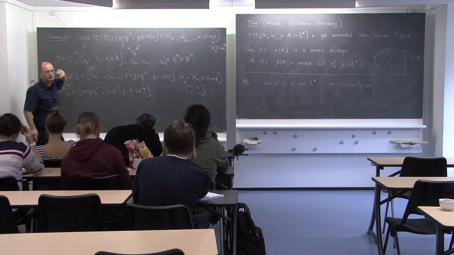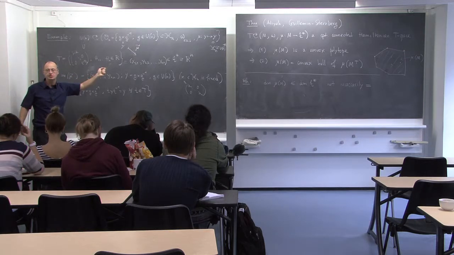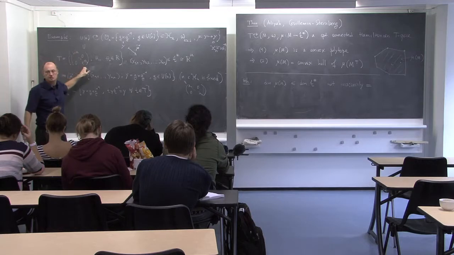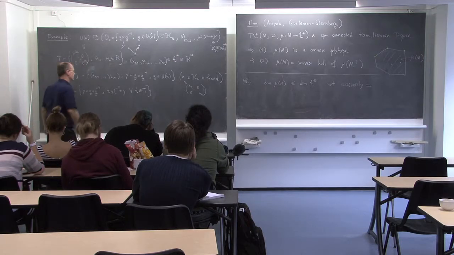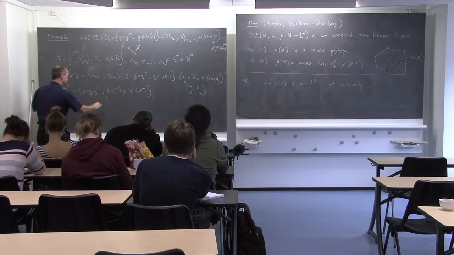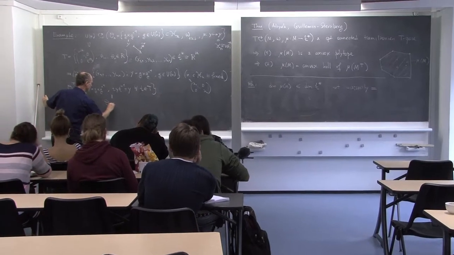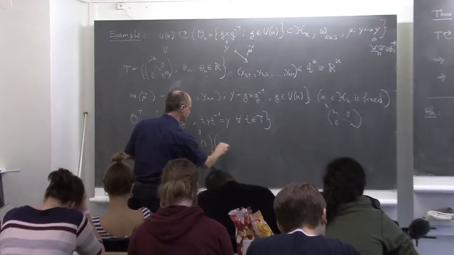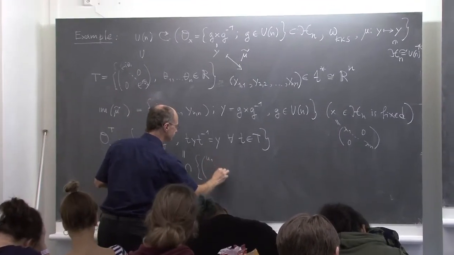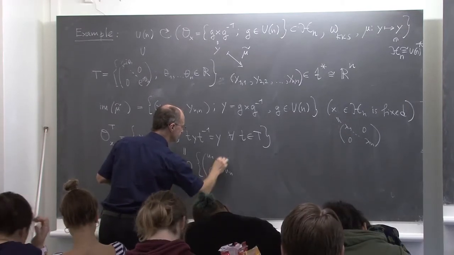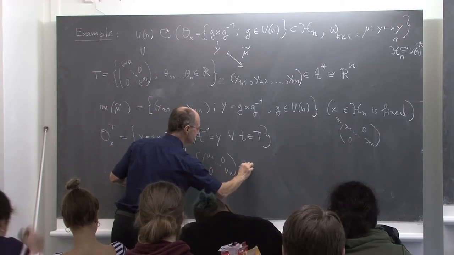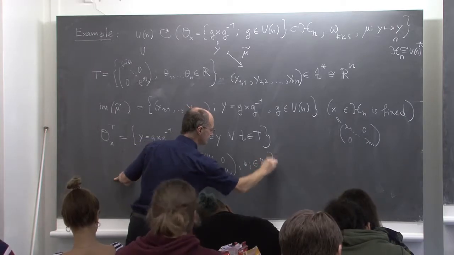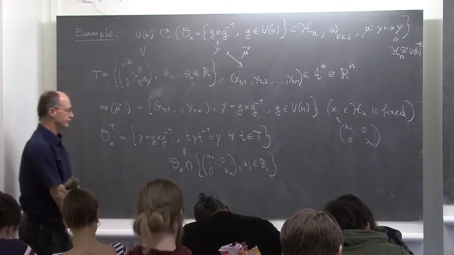So basically, if you have any off-diagonal entry, then there is no chance it will stay. So we conclude that this is an intersection of O_X with the set of diagonal Hermitian matrices, right?